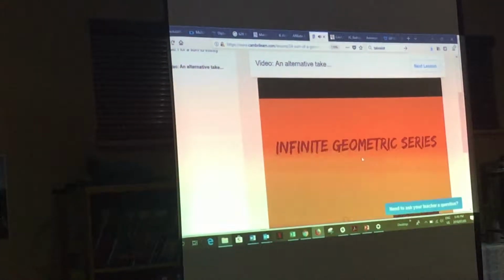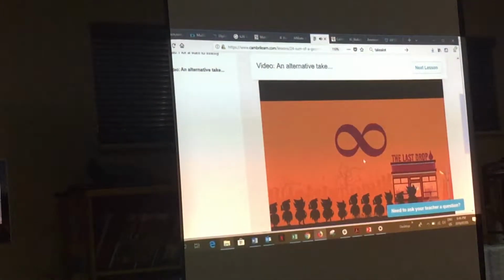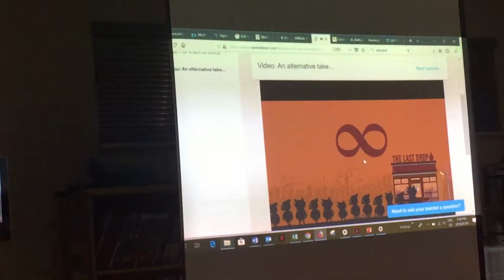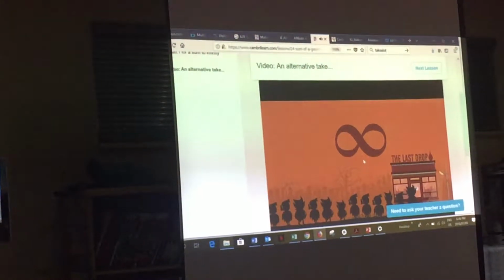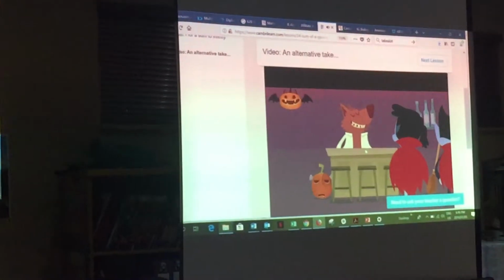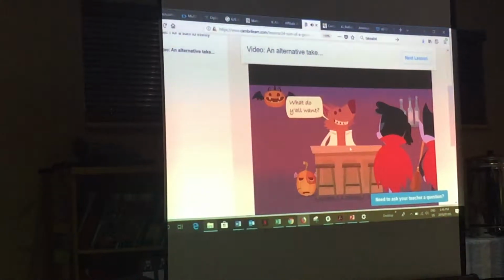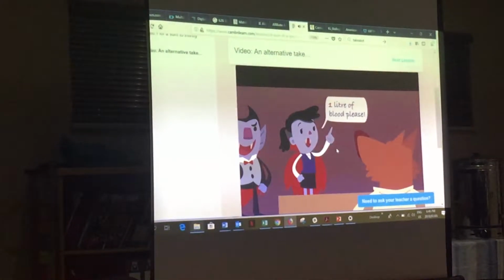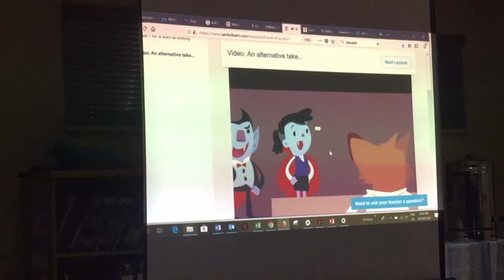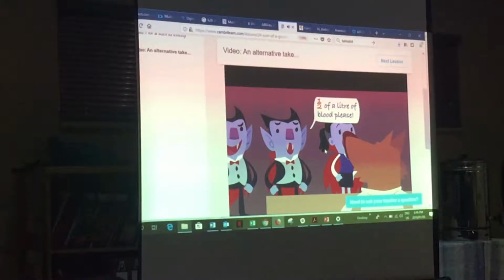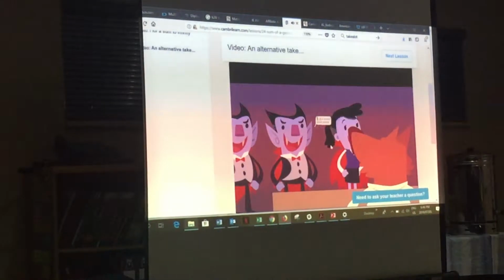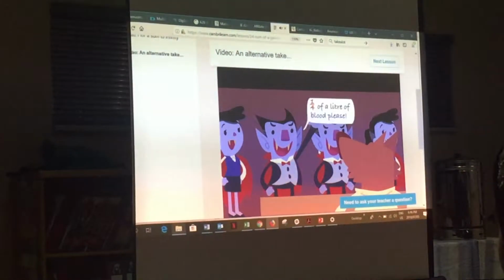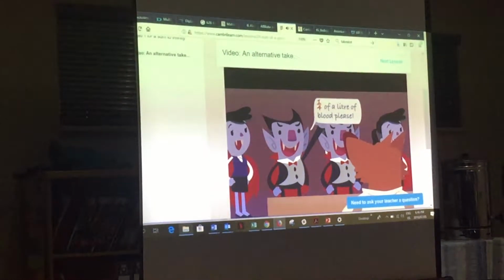Infinite geometric series. An infinite number of vampires walk into their local bar, the Last Drop. The werewolf behind the bar asks the vampires what they want to drink. The first vampire says she wants 1 liter of blood. The second vampire says he wants half a liter of blood. The third vampire says he wants 1/4 of a liter of blood.